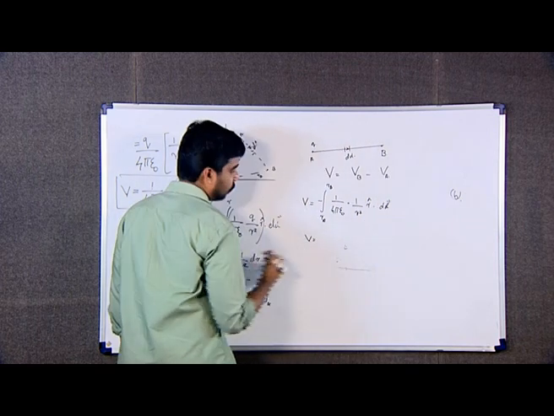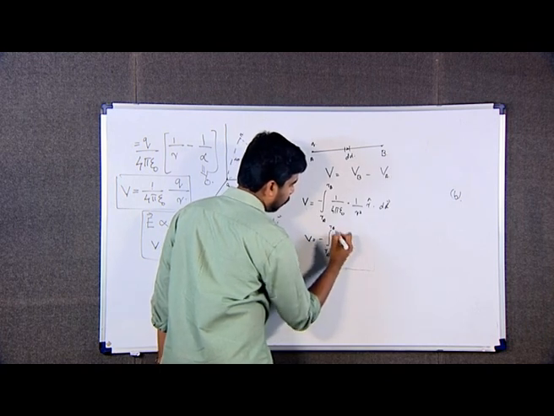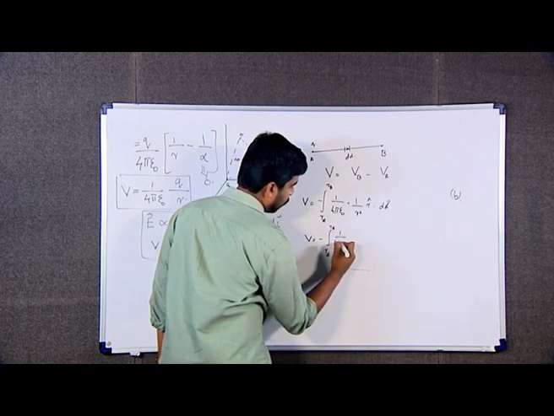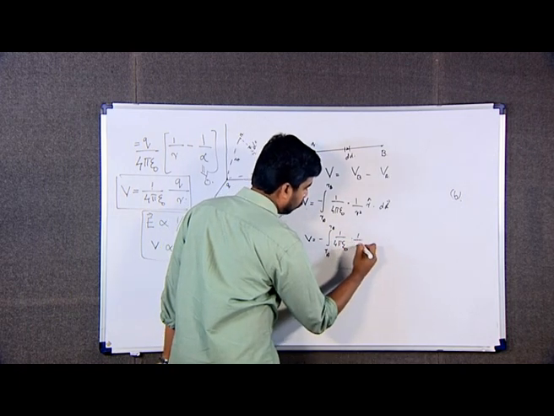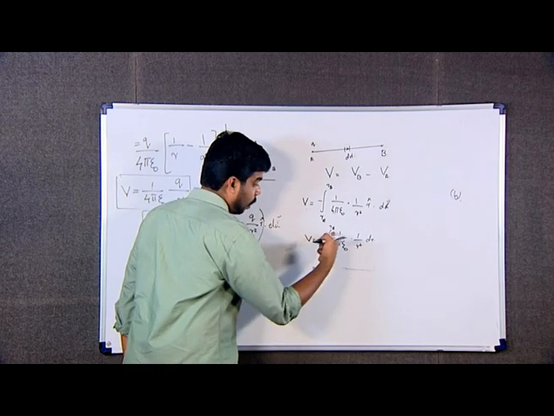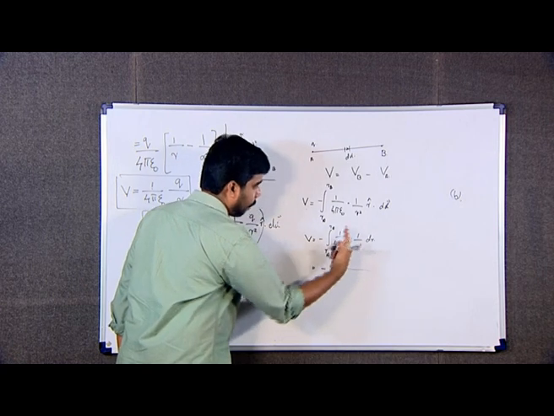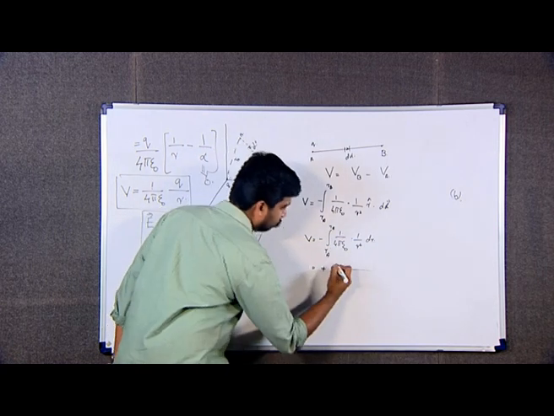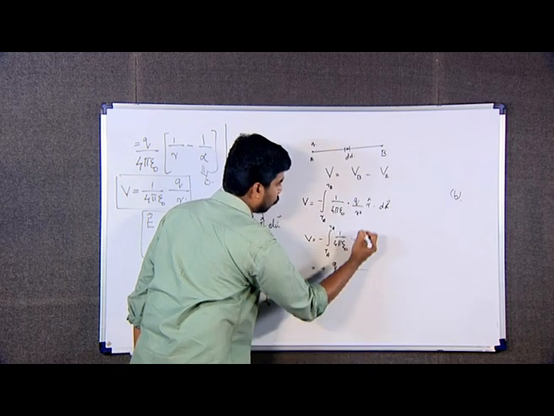So, I can write V equal to minus the integral from ra to rb of q by 4 pi epsilon 0 into 1 by r square dr. On integrating 1 by r square, the minus sign makes it positive, and there is a q here.